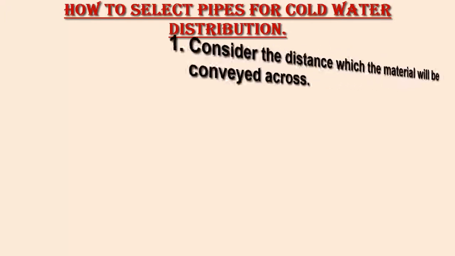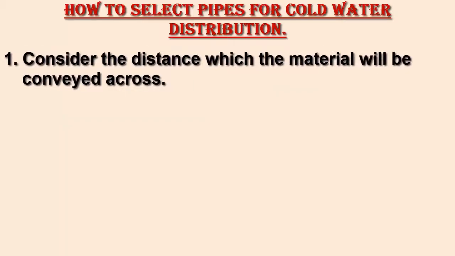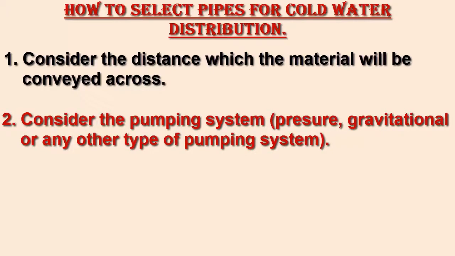One, if you want to select a pipe for use, you must consider the distance over which the pipe will convey the water, or whatever I'm going to convey, to its destination. Two, I also have to look at the pumping system. Is my pumping system going to be a pressure one, or a gravitational one, or another method of pumping?